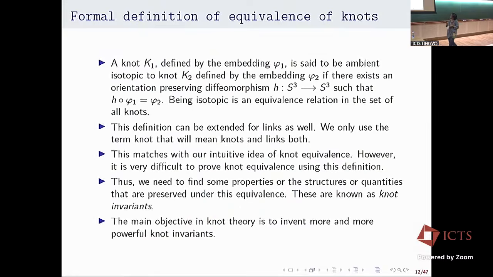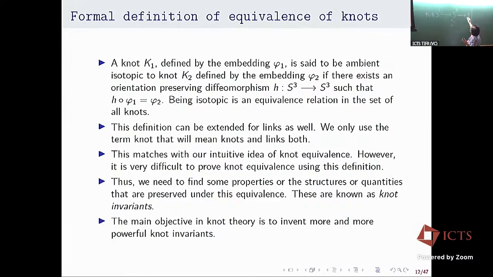The definition says, both of them are embeddings of S1 in S3. So let me use the chalk. Suppose you have two maps from S1 to S3, phi1 and phi2. Their images are two knots, say K1 and K2, and I want to say they are equivalent. Roughly, in the process of simplifying, I am trying to describe some kind of motion happening at the S3 level.